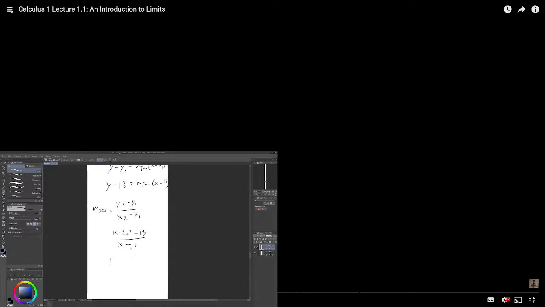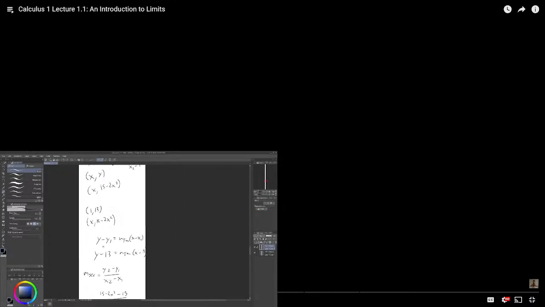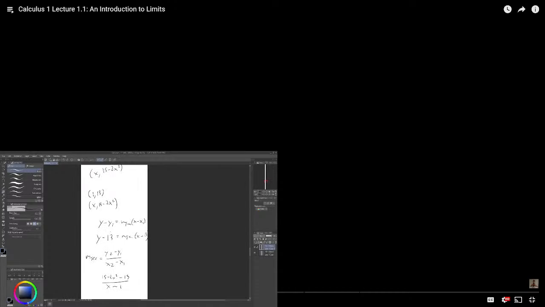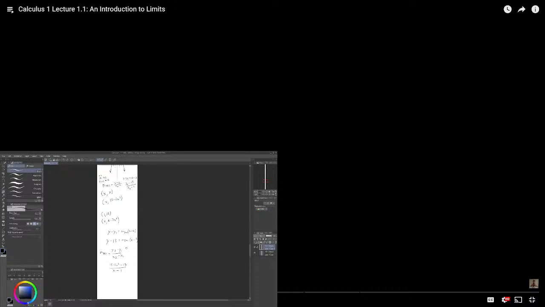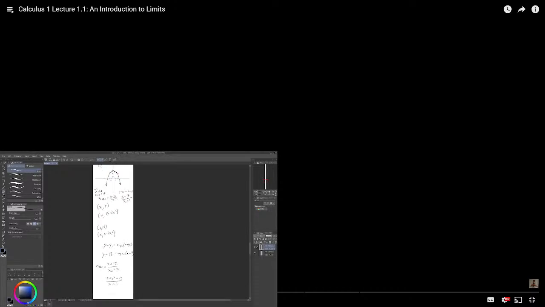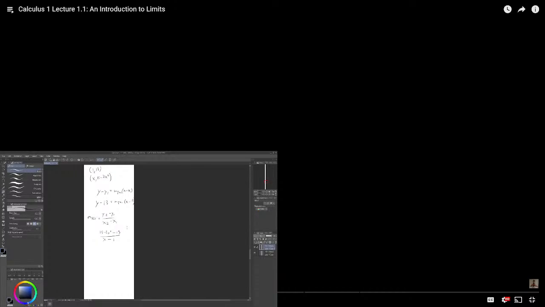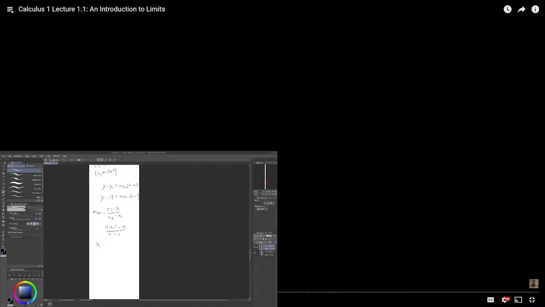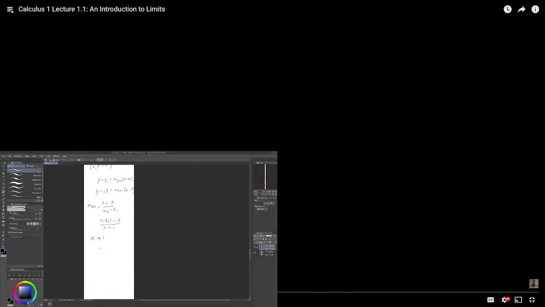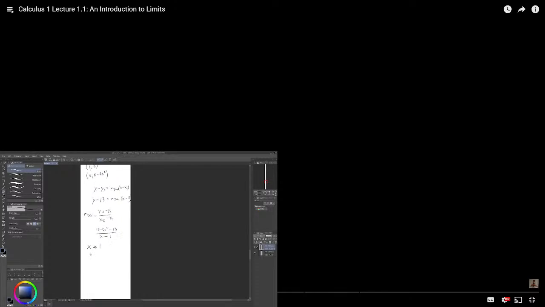Do I gotta find the limit of this? So here, I'll find, as x approaches 1, what does 15 minus 2x squared approach?